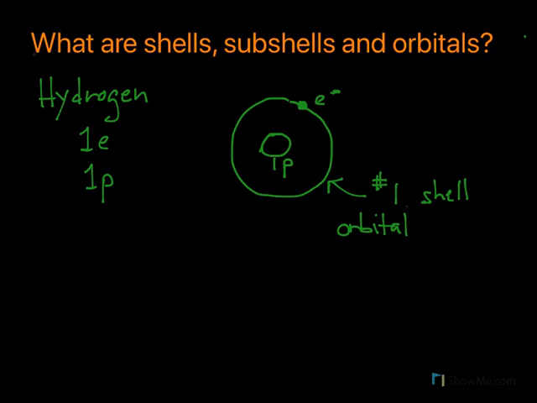And in any atom, there can only be up to 2 electrons per orbital. Again, hydrogen is the smallest atom we have, and it only has 1 electron in the first shell. The shell is an orbital.